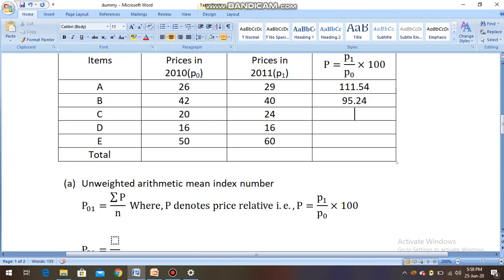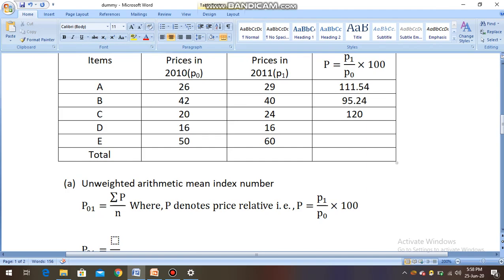So 24 by 20 into 100 is 120. Then 16, 16. So here actually the price is same. That means there is no change. Then the index number should be 100 only.